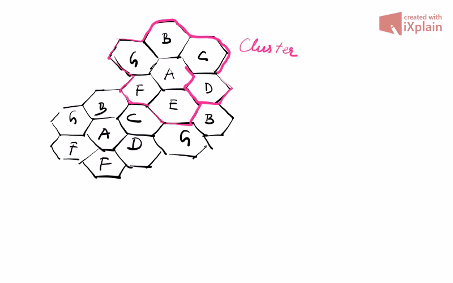Okay, so what does a cluster mean? In a cluster, how many cells are there? Here it is 7. It can be more than 7 also. In the previous lecture we had 3 also in this cluster. It means that all of them will use different frequencies. In fact, if we are given a particular number of frequencies, they will utilize all the frequencies.